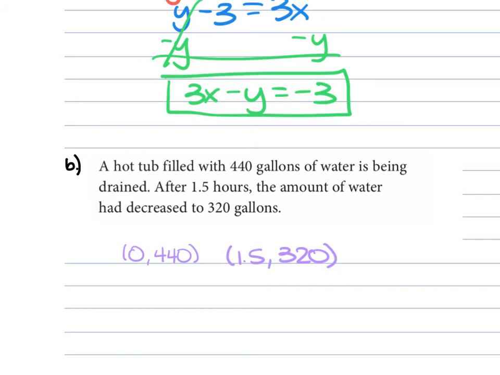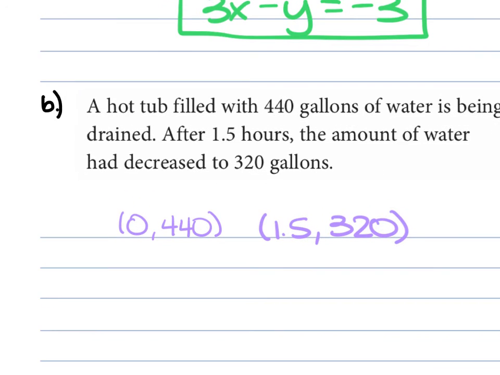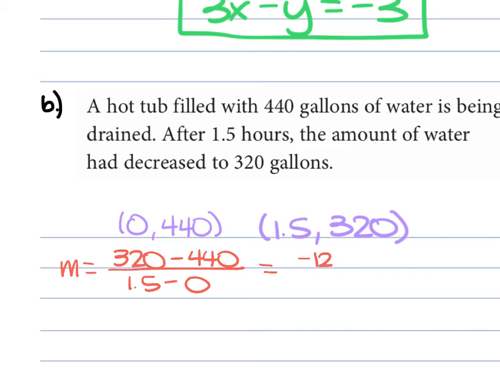So we're going to have to find our slope here. We can do 440 minus 320 or 320 minus 440 over 1.5 minus 0. The 320 minus 440 is negative 120 over 1.5.